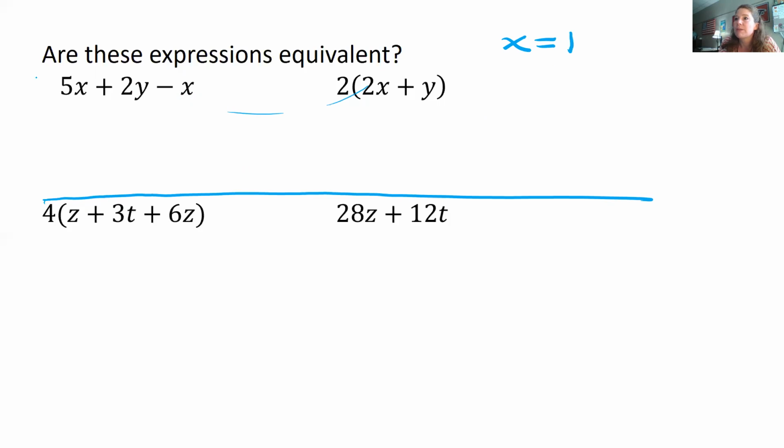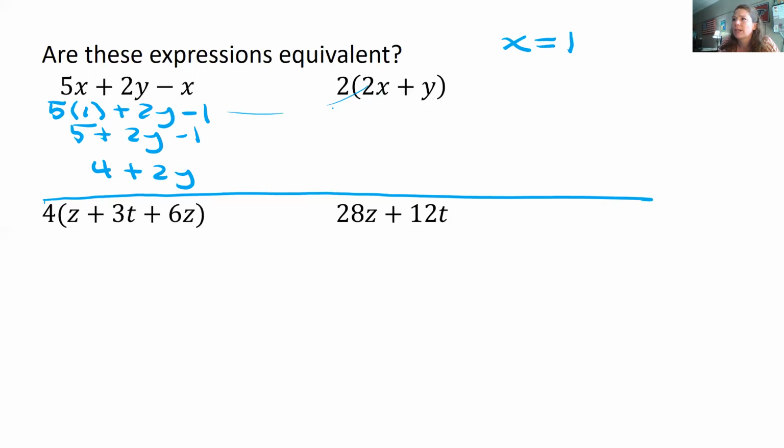All right, so if we make x equal 1, we'd have 5 times 1 plus 2y minus x, which is 1. Well, 5 times 1 is 5. And 5 minus 1 is 4 plus 2y. That's what we got, okay? Same thing here.